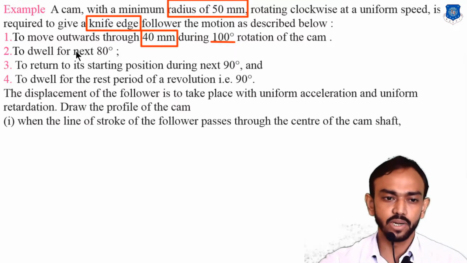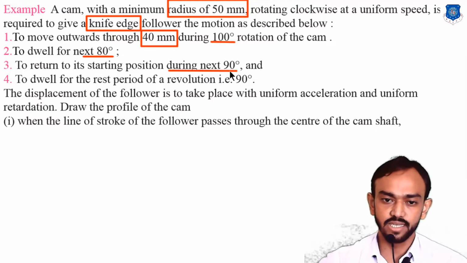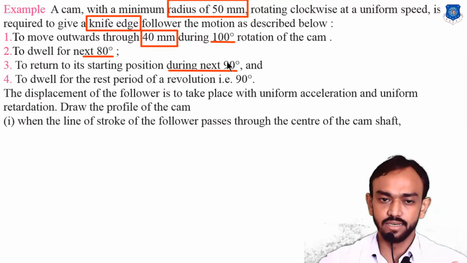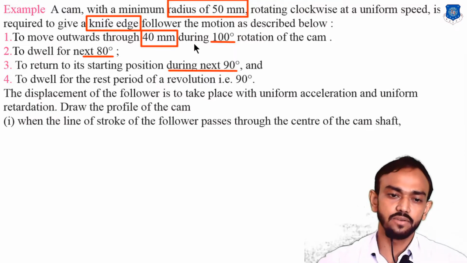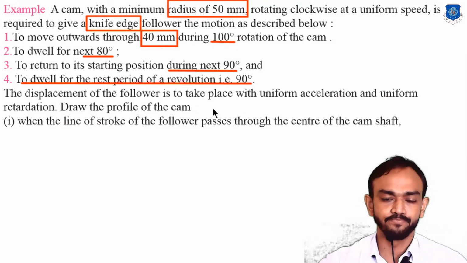Then for the next 80 degrees the follower will dwell, staying at the same position at the top, which is dwell theta 2. The return starts during the next 90 degrees, and the distance it will cover is 40 mm. Then it dwells for the rest of the period.